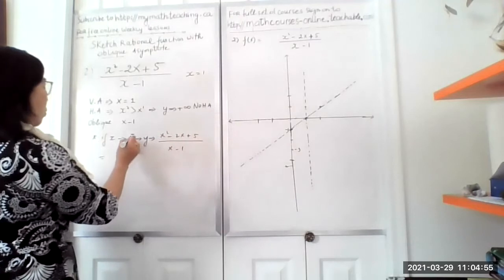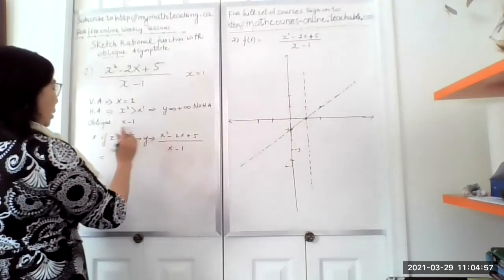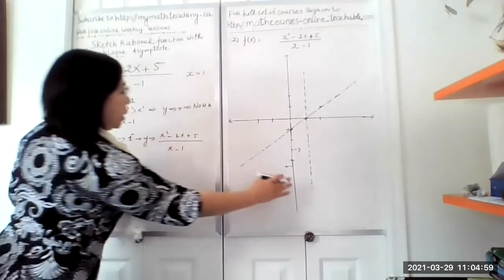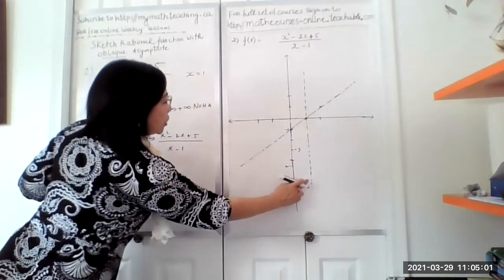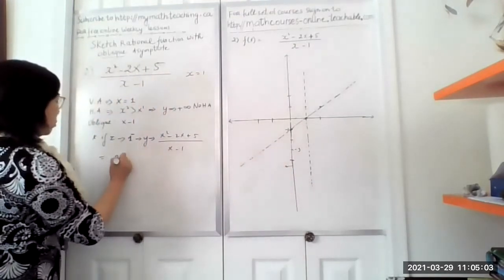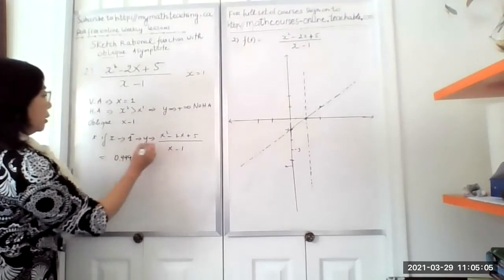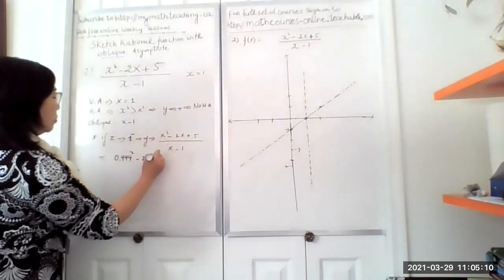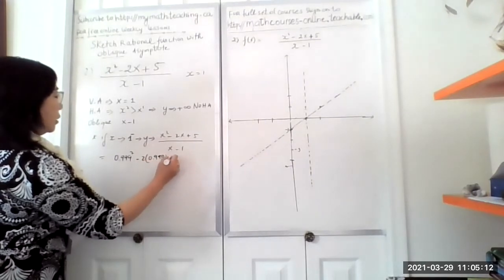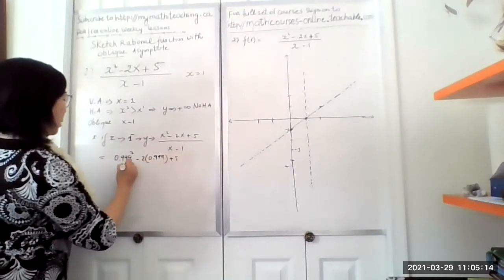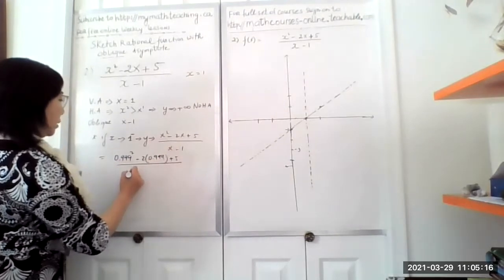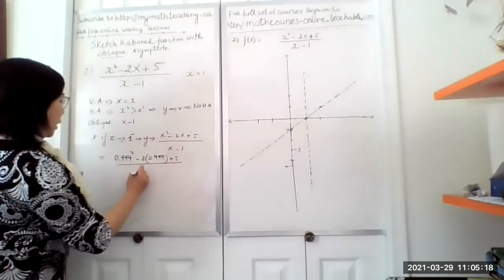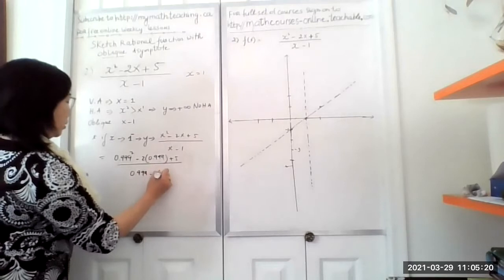If you put 1 to the left, it means this number has not reached 1 yet. So it's like 0.999. You square it, and you minus 2 times 0.999, and you add 5. You divide it by 0.999 minus 1.